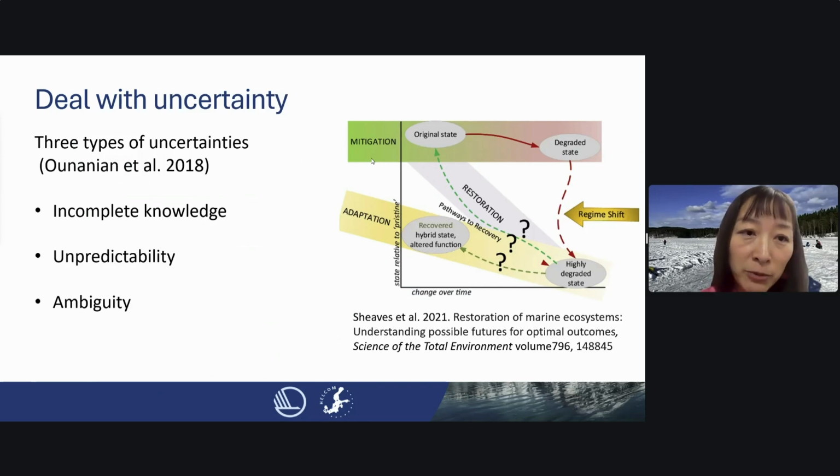There are three main types of uncertainties which were categorized by a paper from 2018, where we thought that the uncertainties could come from incomplete knowledge about the data set and also the costs, the data you collected, and how long a period we need to restore to achieve the targets, right? And the time span, and also the success rate, of course, is incomplete knowledge.